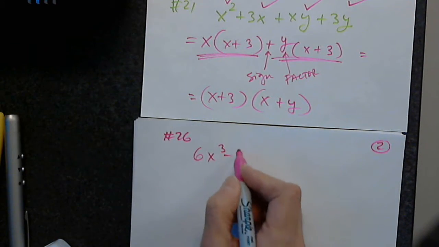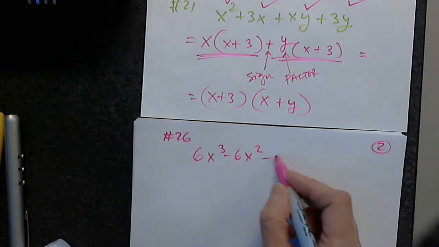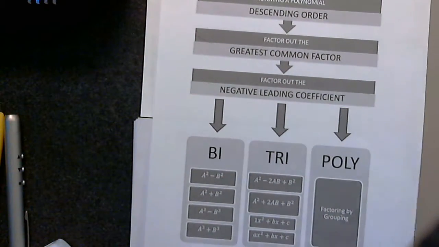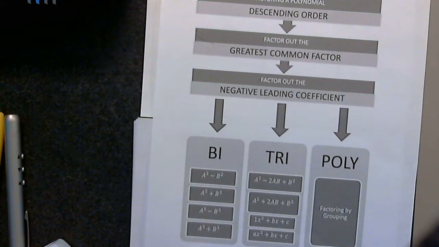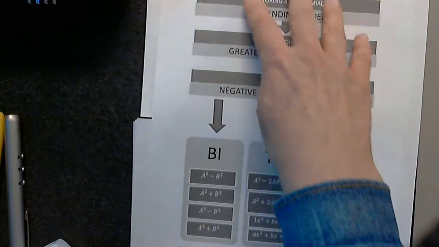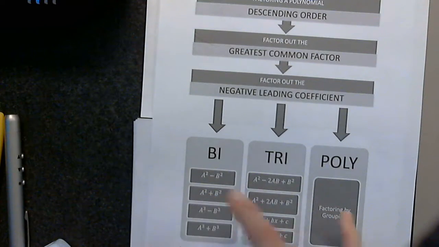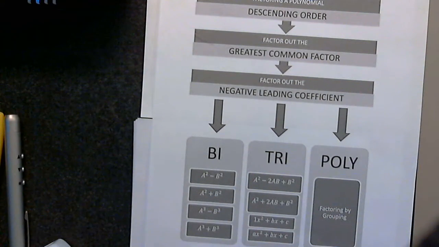Six x cubed minus 6x squared minus 120x. Again, I'm going to my strategy, and I'm asking myself, what is it? So I'll go through all these. These two make no sense here. Good. So it's a trinomial.